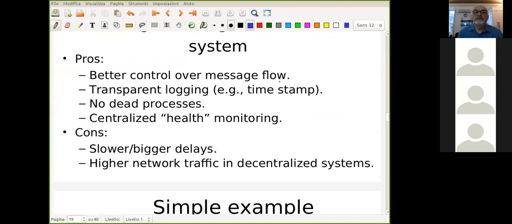Better control over message flow. Better control means also security issues. Logging is simpler and effective. Timestamping in logging is another issue regarding the log files. Timestamp means that every datum written into a log file has also a timestamp, knowing exactly the absolute time at which it has been produced.